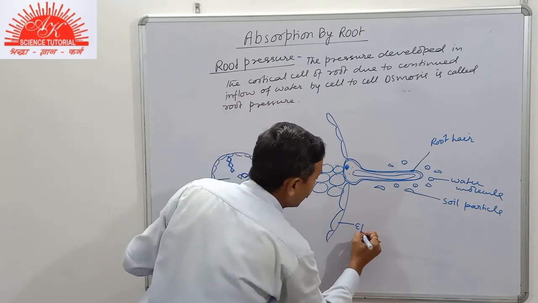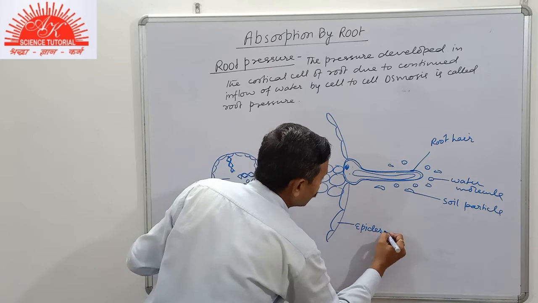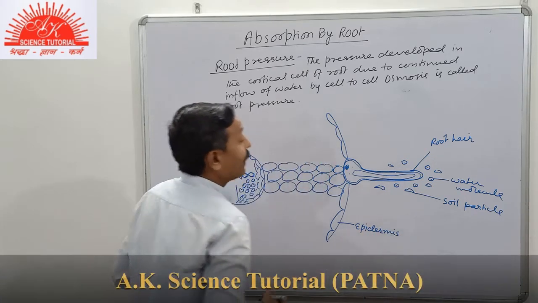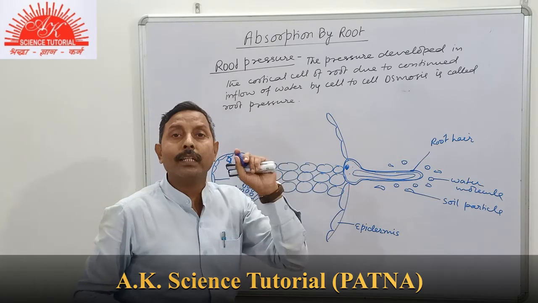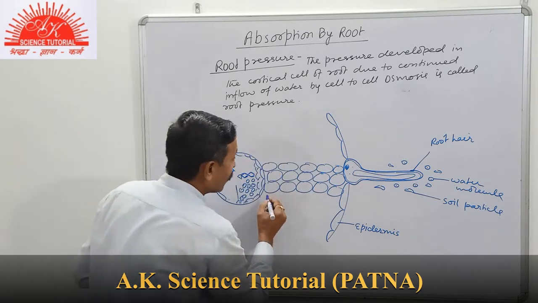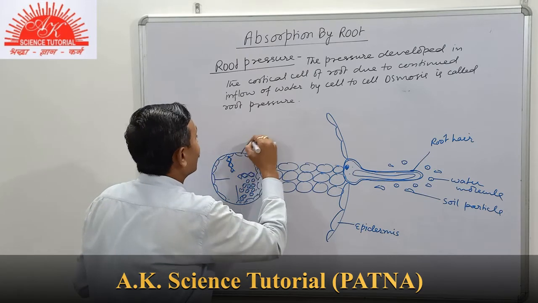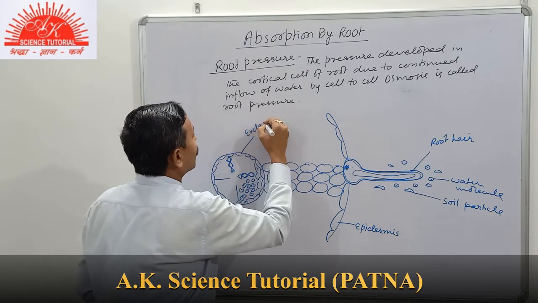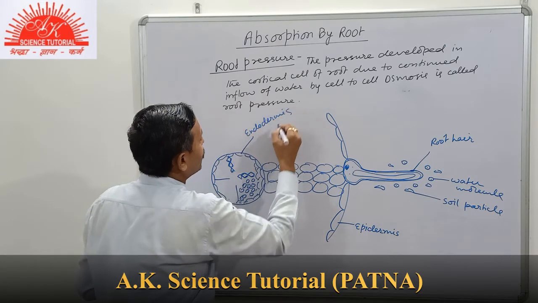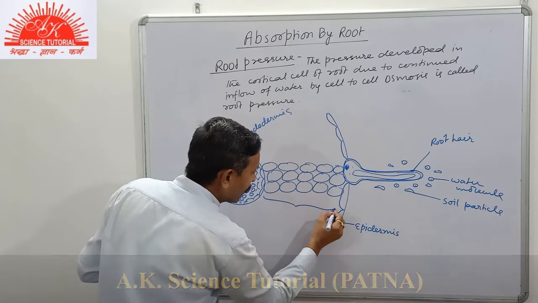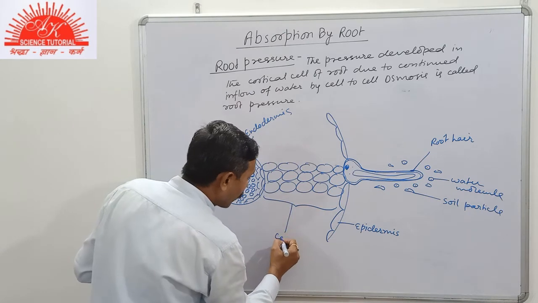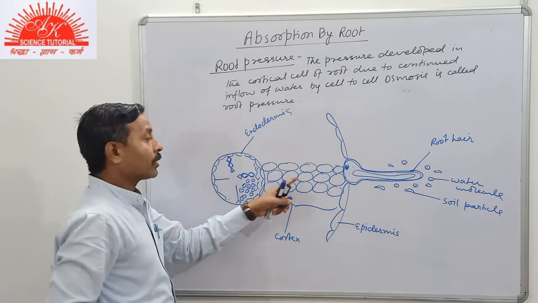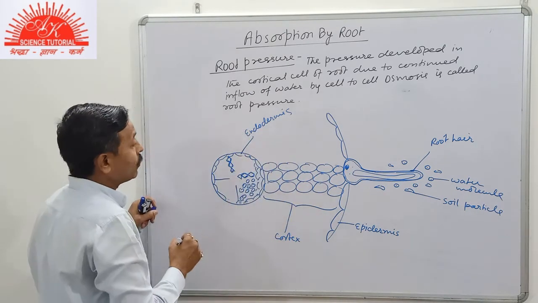This is the epidermis. The root hair cell is the extension, the elongation, of the epidermal cells, so the root hair cell is unicellular. This is the endodermis, and the cells between the endodermis and epidermis are called the cortex. This is a cell of the cortex, which consists of parenchymatous tissue.